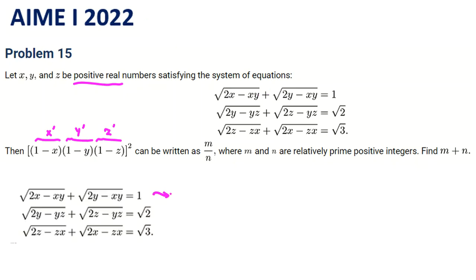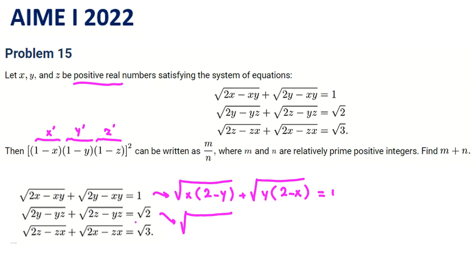The first equation will be what? If we factor out x, it will be square root of x times 2 minus y, plus the next one, square root of y times 2 minus x, equal to 1. The second equation will be what? If we factor out y, square root of y times 2 minus z, plus square root of z times 2 minus y, equal to square root of 2.